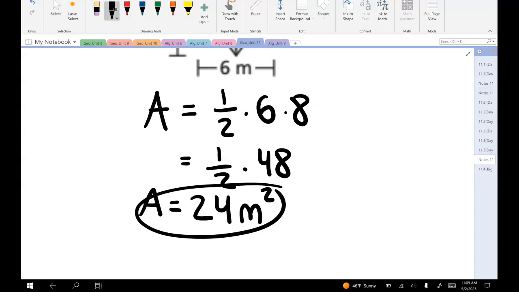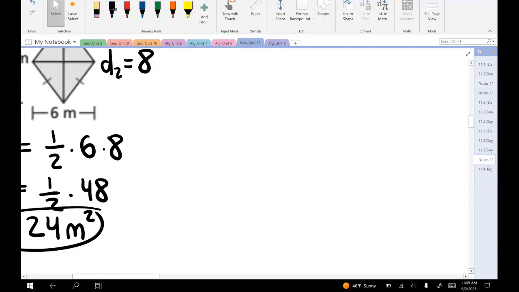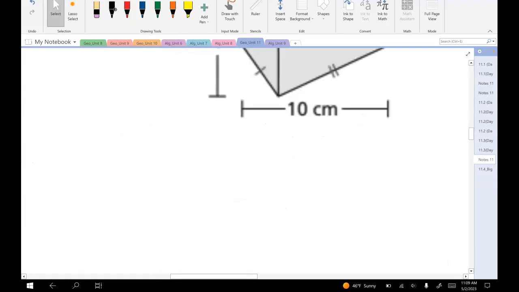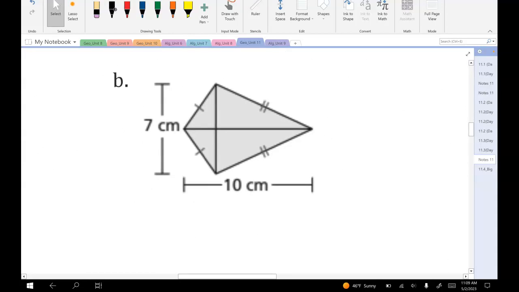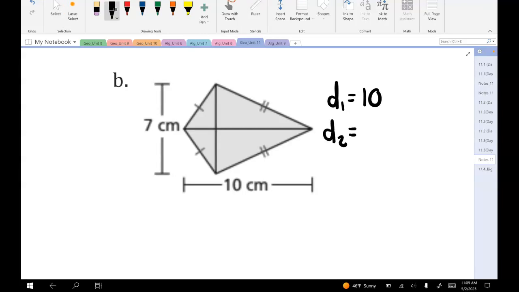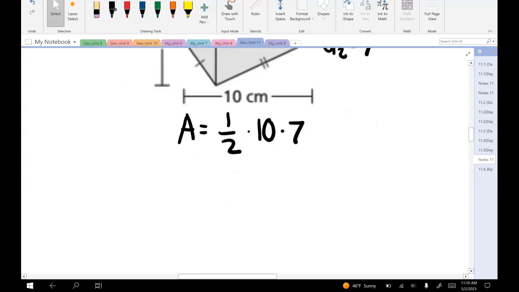And we do the same thing for our friend the kite over here. We have our diagonal 1 is 10. Our diagonal 2 is 7. So our area would be 1/2 of 10 times 7. So 10 times 7 is 70.